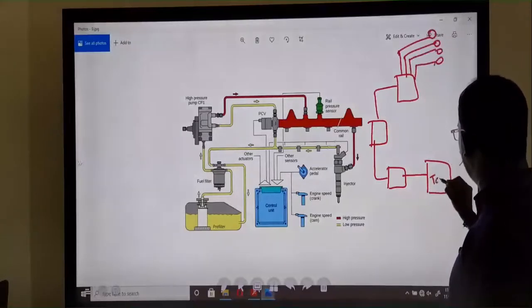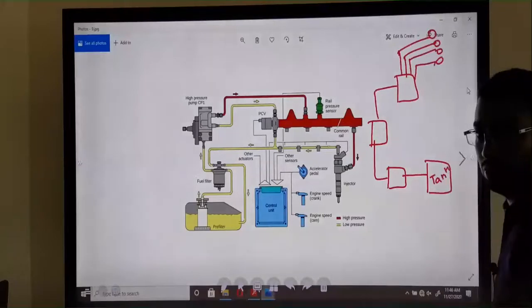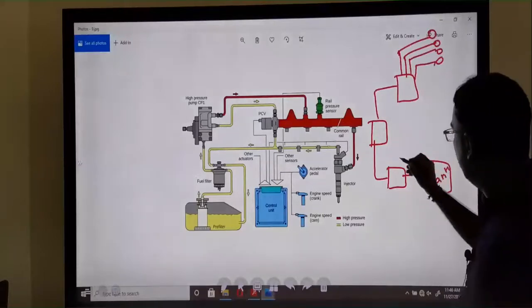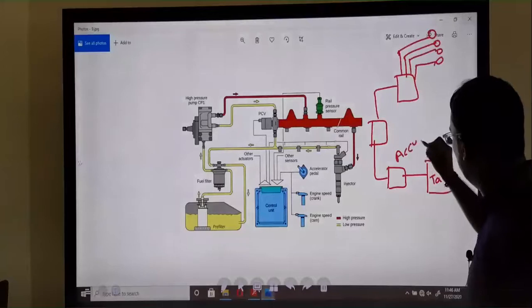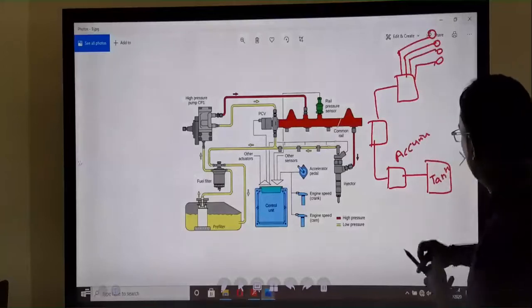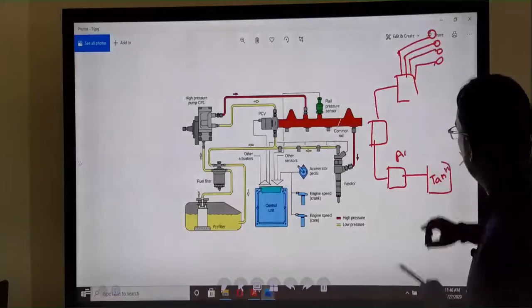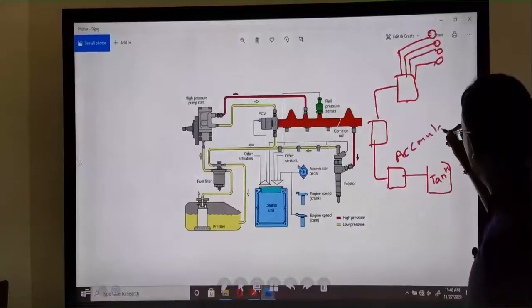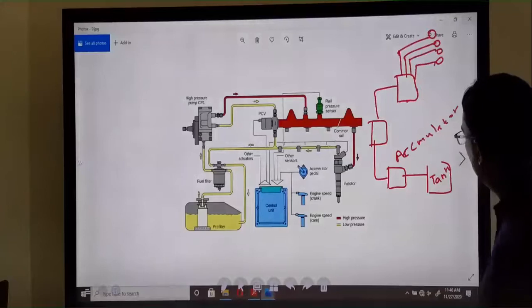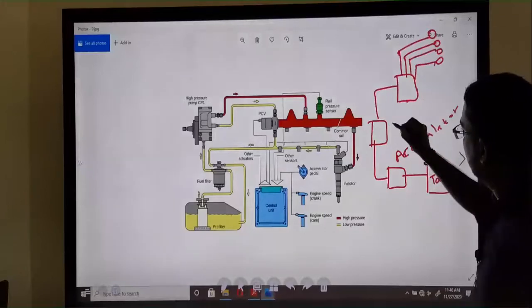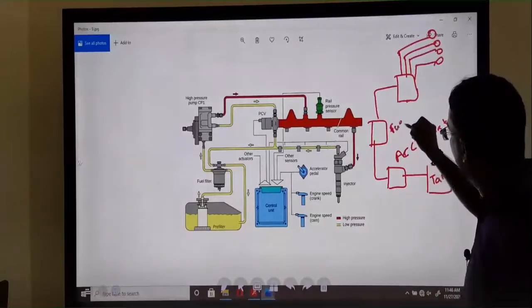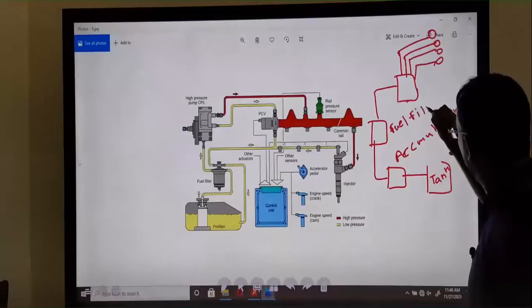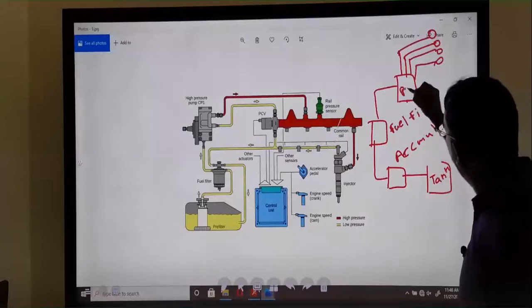This is the tank. This is called the accumulator. This is the fuel filter. This is the fuel pump.